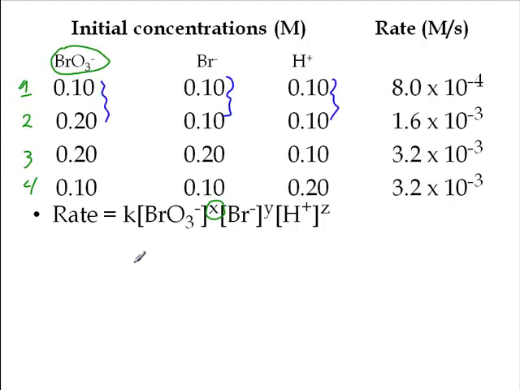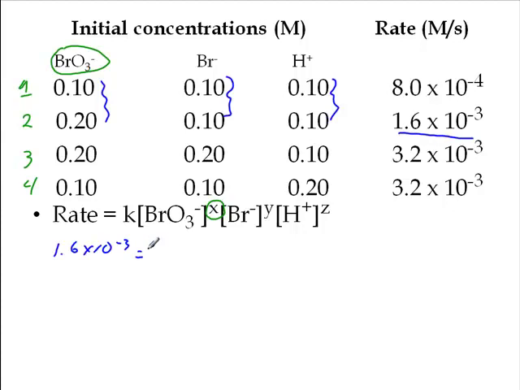So let's do this. Now what I like to do is I like to make sure that I'm dividing a small number into a big number. So I'm going to put experiment 2 first, and look at the rate I have over here. Okay, so I've got 1.6 times 10 to the negative third, right?